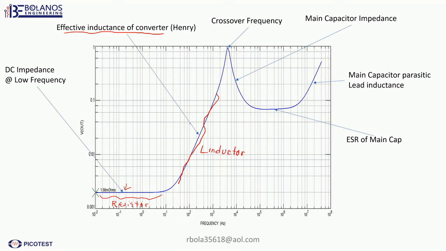Okay, and then as you can see, the impedance goes up, and right at this point where it peaks out at the maximum, that is the crossover frequency of your loop. So that's something very useful to know: if you do see a peak like this, the very first peak will be the crossover frequency of your loop.